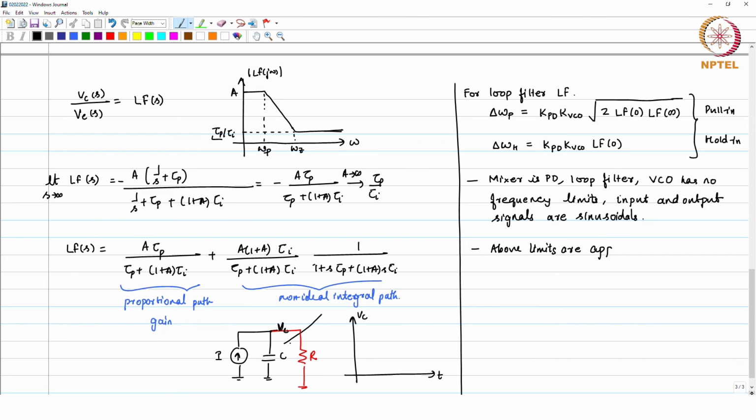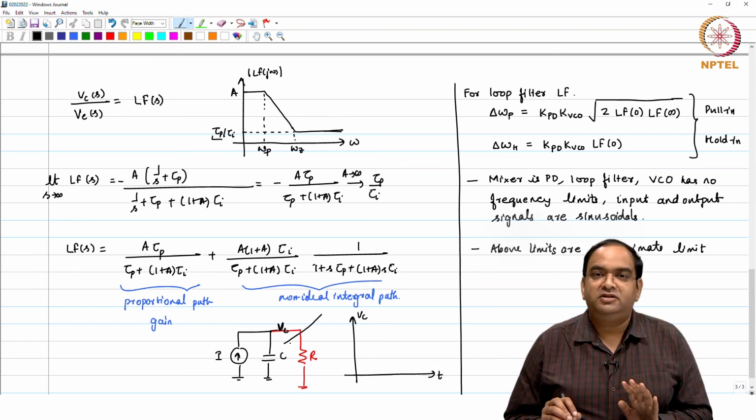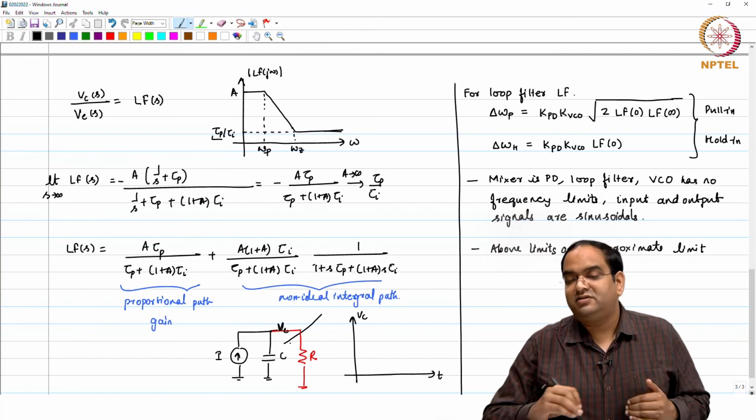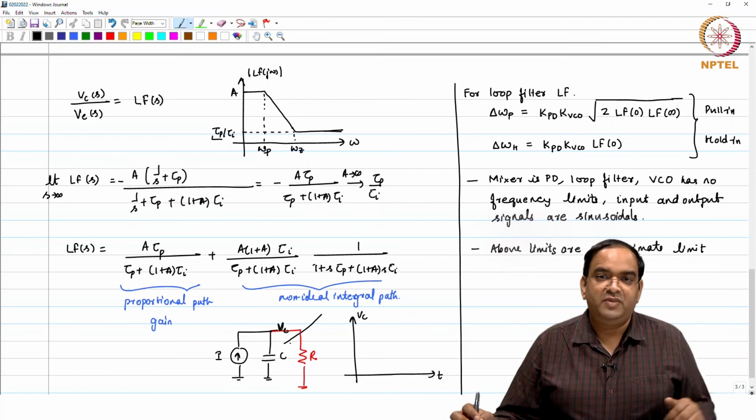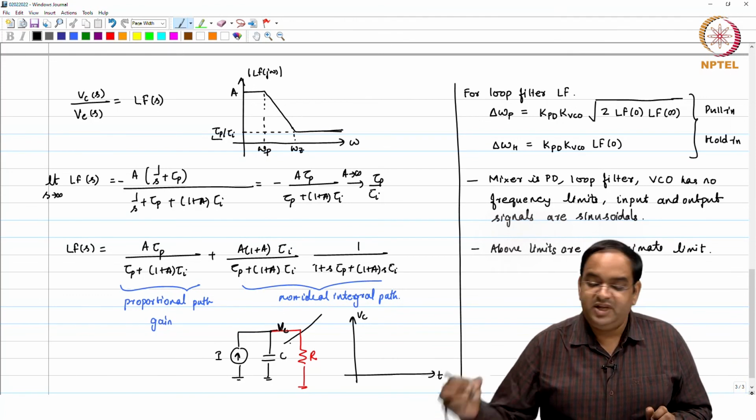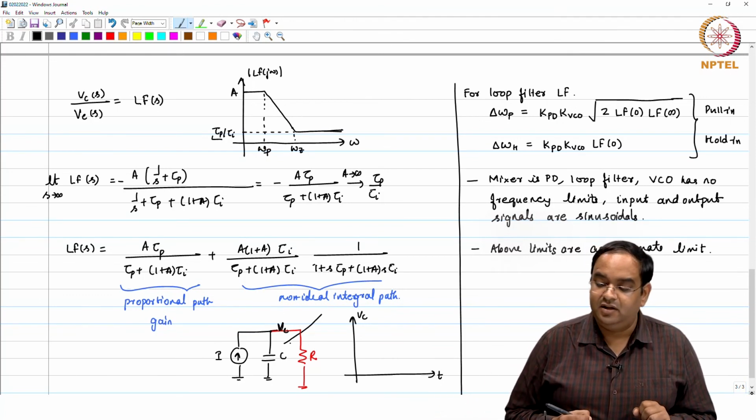So, whenever you simulate the PLL and find that the PLL is not pulling in even for frequency errors lesser than delta omega p, that is fine, do not worry about it. This is just an extreme limit based on many assumptions. So, please keep that in mind.